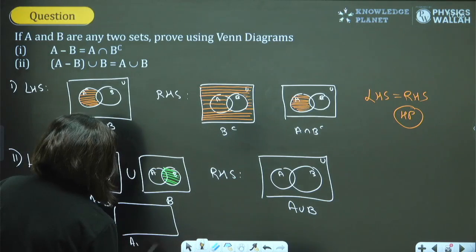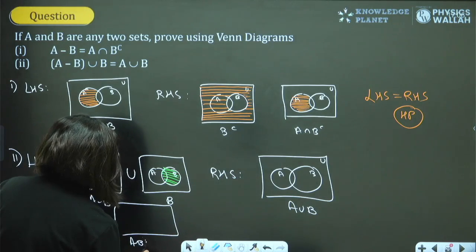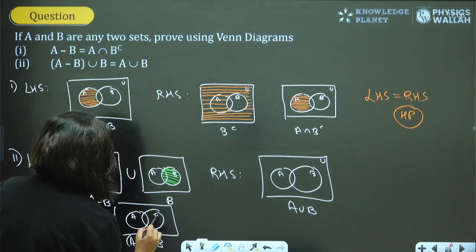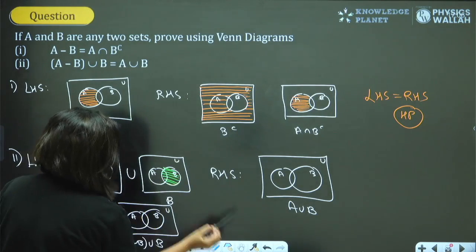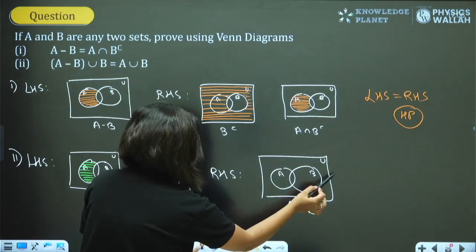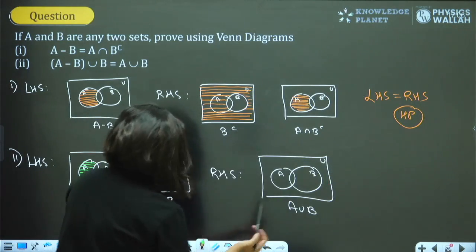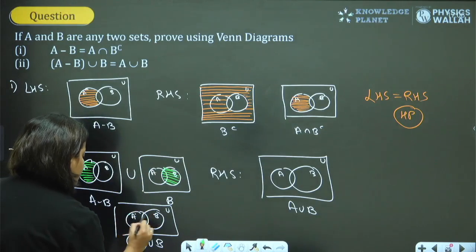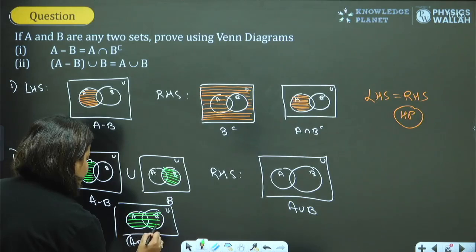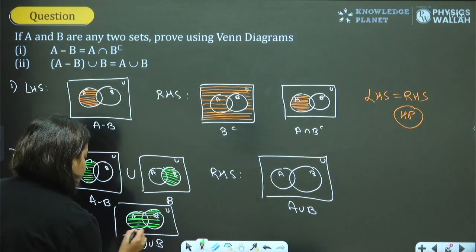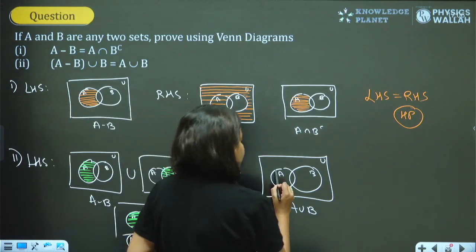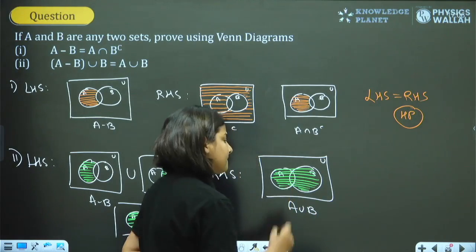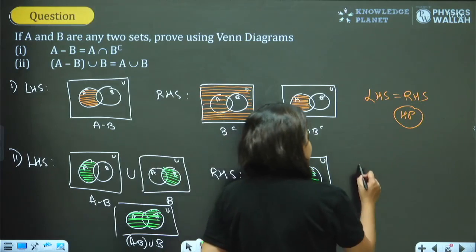A minus B union with B. Let's draw the combination of the above two diagrams here. First part and second part, when you unionize, you will get the entire A and B. And here you simply have to mark A union B, that is the entire A and B again. Is LHS matching with the RHS? Very well.